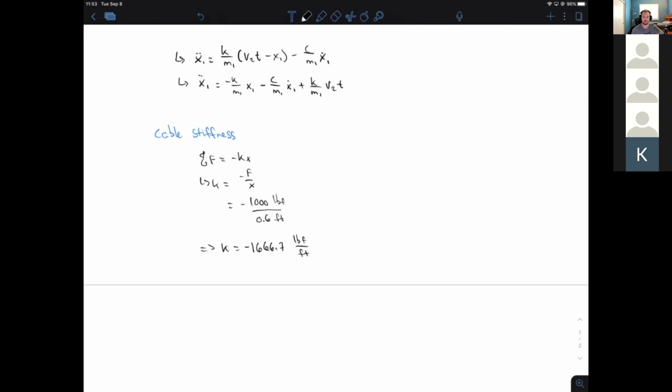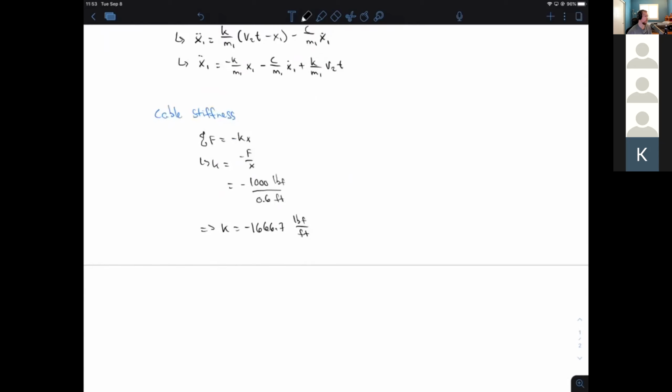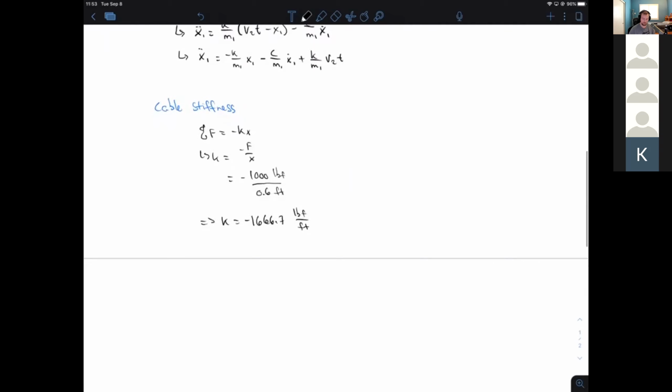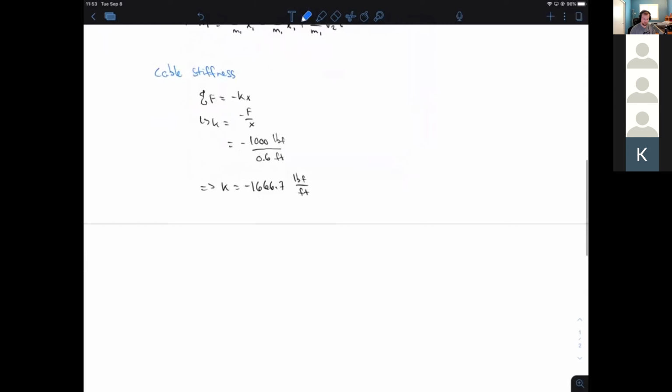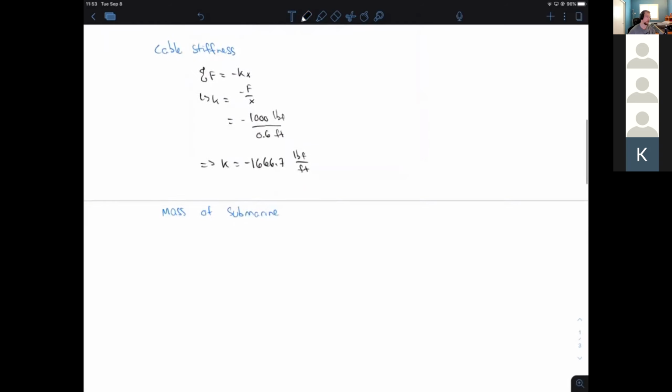Okay, so simple enough. Now for the mass, we need to solve for that. So we were given the weight of the submarine. That was 32,200 pounds, but we need to convert that to mass. So mass is going to be equal to the weight divided by gravity. So M1 equals W1 divided by g.